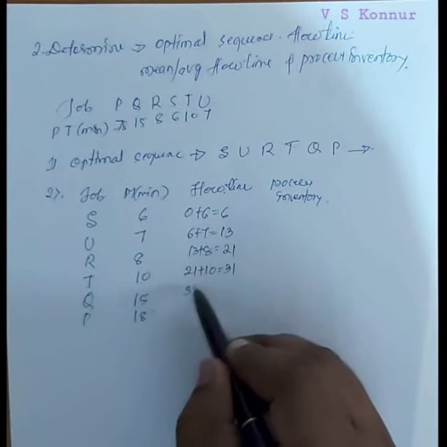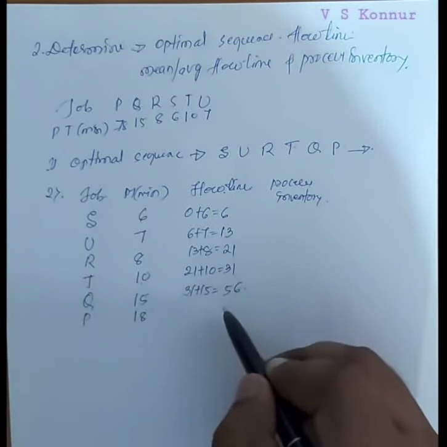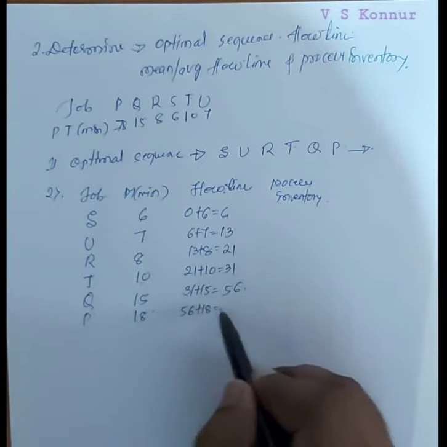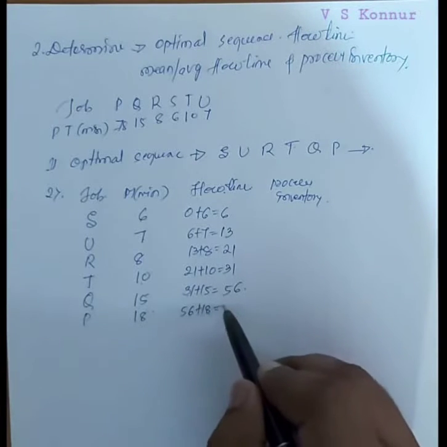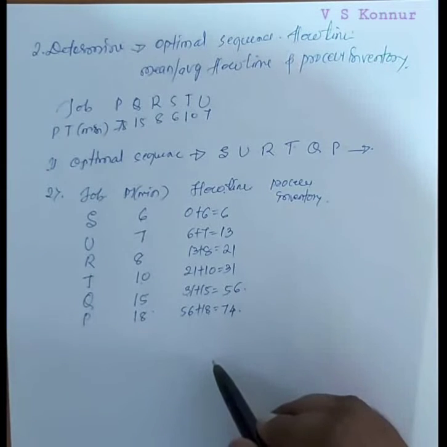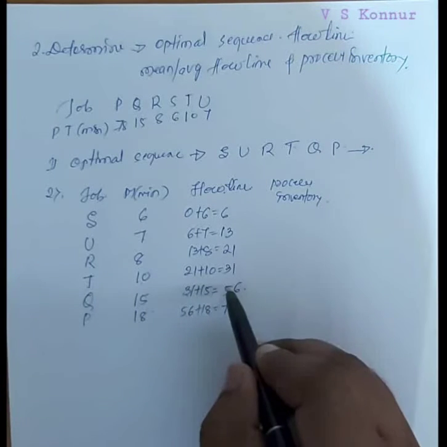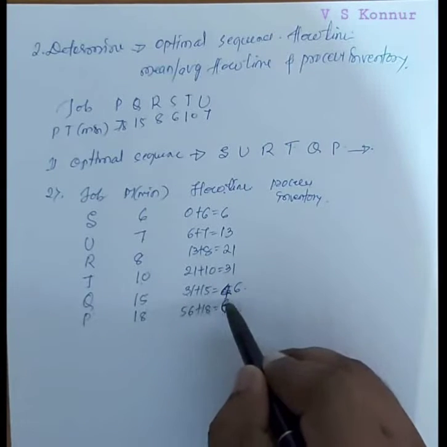Then 31 plus 15, that is 46. Sorry, small mistake. And then 46 plus 18 is 64.